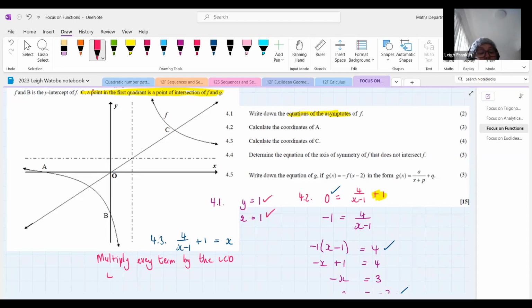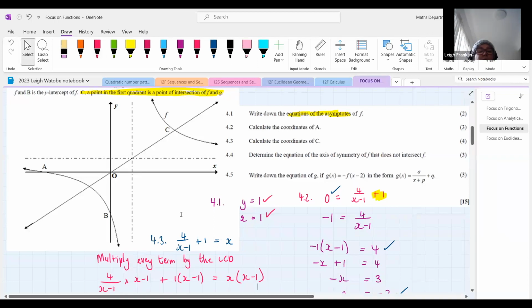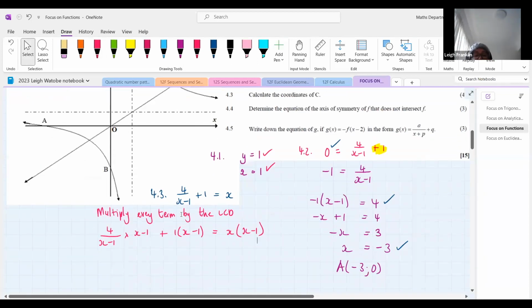So I'm going to take 4 over x minus 1, and I'm going to times it by x minus 1, plus 1, and I'm going to multiply it by x minus 1, equals x, and I'm going to multiply it by x minus 1. Does that make sense to everyone? I've multiplied every term in the equation by the LCD.